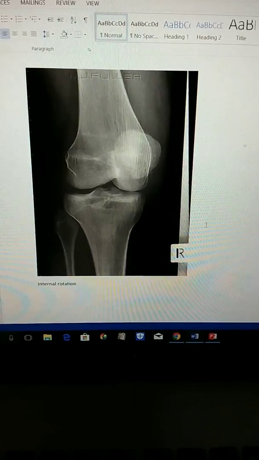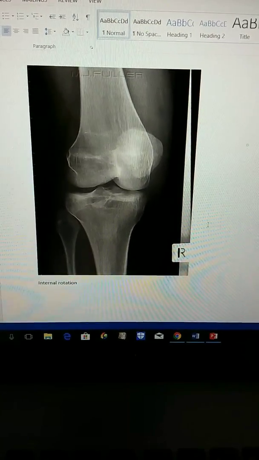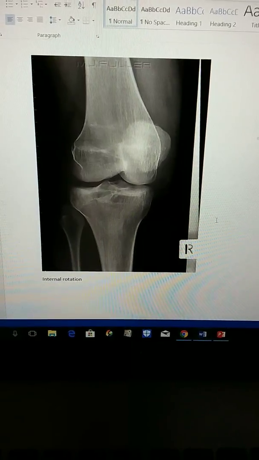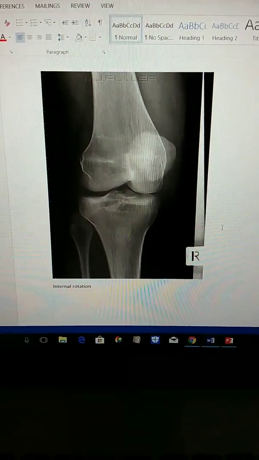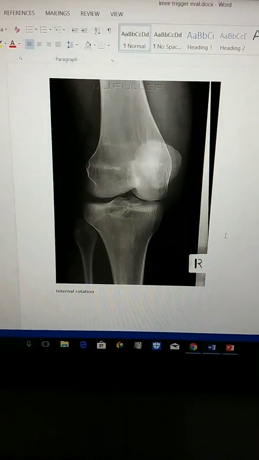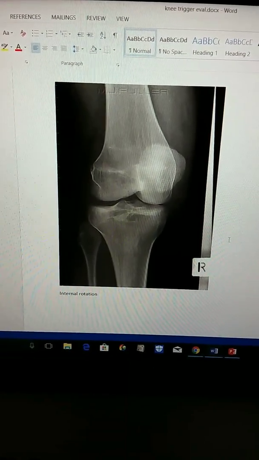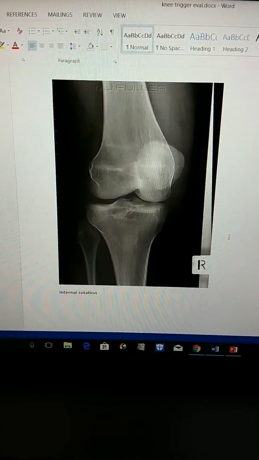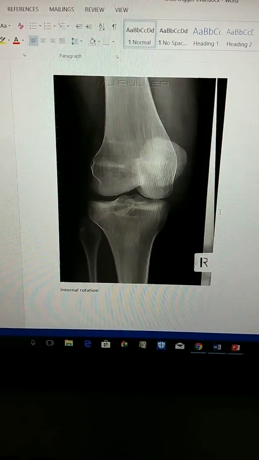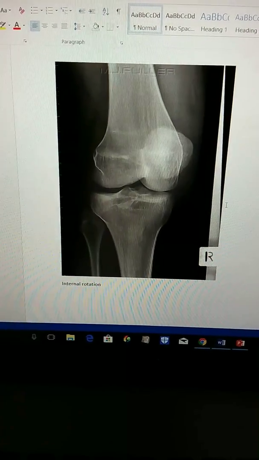Moving to the obliques of the knee, we have the internal rotation or the medial rotation, showing the tibia and fibula separated at their proximal articulation.